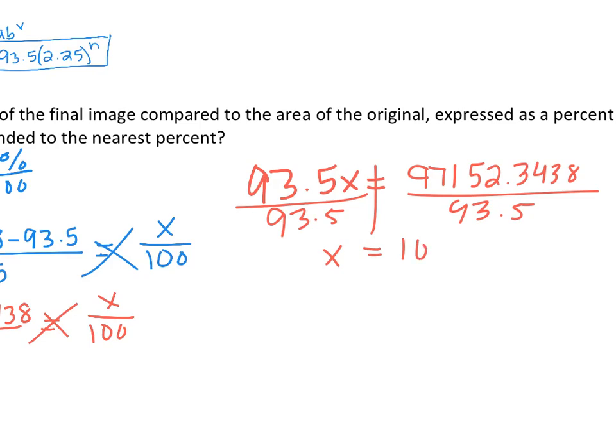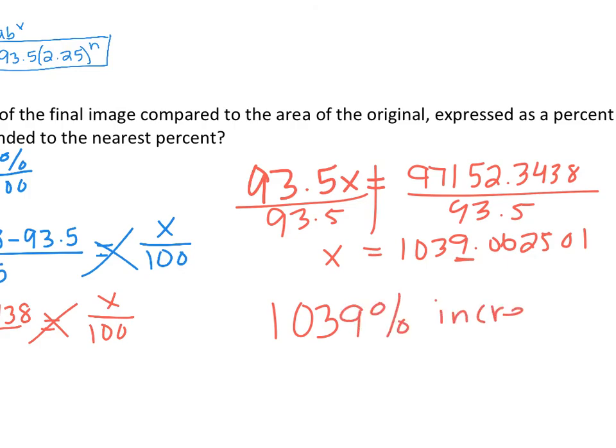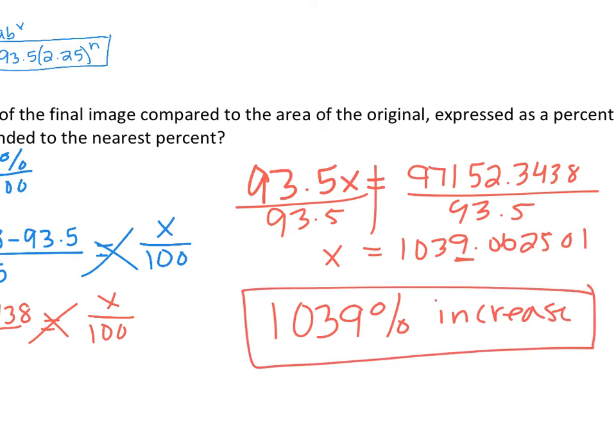And we get 1039.062501. Wants us to round to the nearest percent. So 1,039% increase. Okay, do letter C on your own.